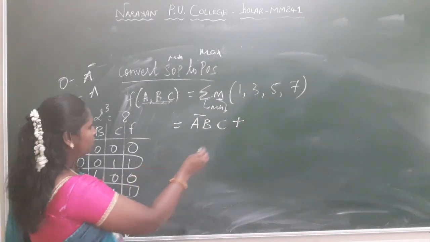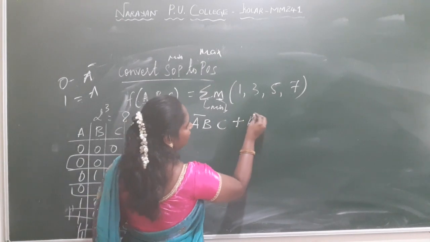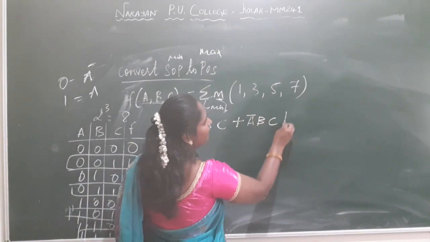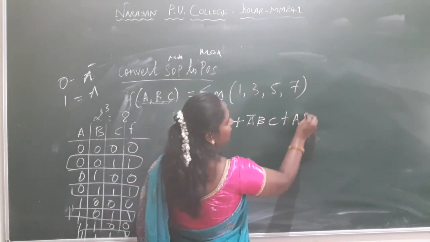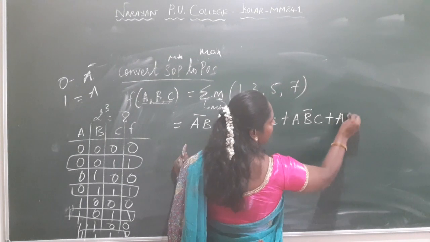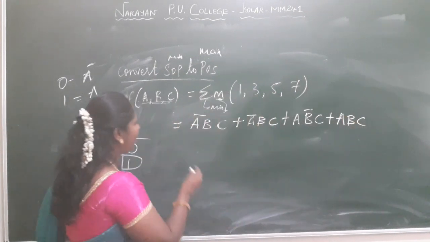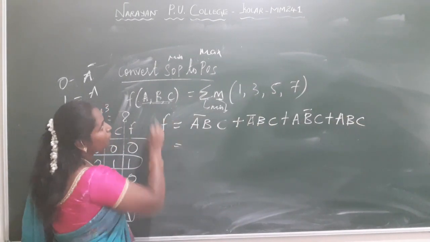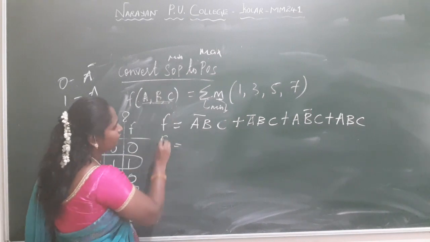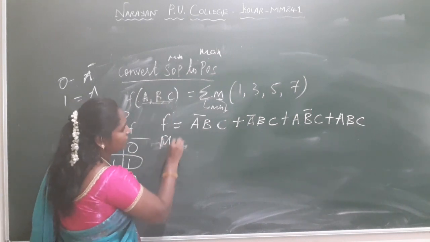Next for 3, a bar, b, c. For 5, a, b bar, c. For 7, a, b, c. Now this is my f. I want to convert it to POS, so take the complement, that is the inverse, which is the missing terms. In this, find out the missing terms.